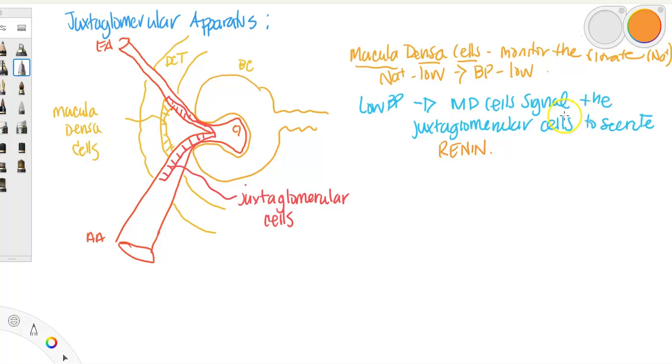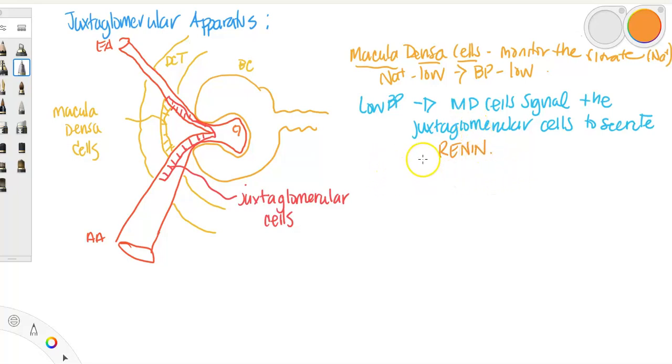And we've sort of looked at this before with the heart chapter and with blood pressure, but this is where it comes from. So the juxtaglomerular cells, part of the vessels, cause the secretion of renin into the blood.